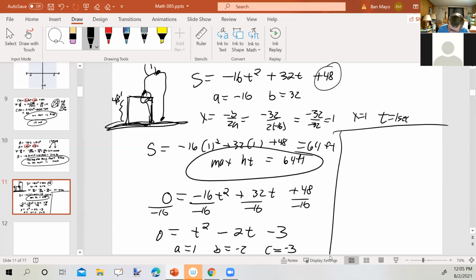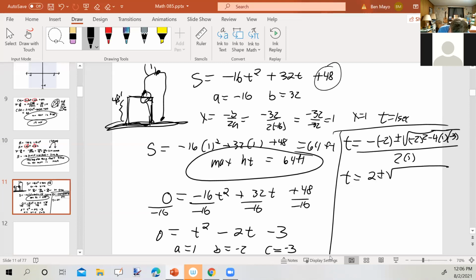So using the quadratic formula, t equals negative b plus or minus the square root of b squared minus 4ac, all over 2a. T equals 2 plus or minus the square root of 4 plus 12, over 2.